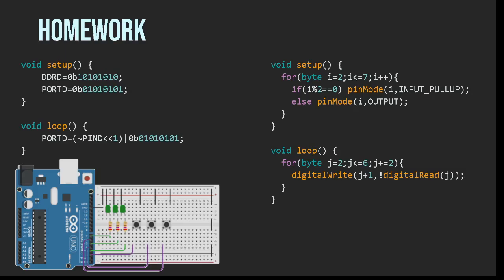Then I go there. Now i equals 4, 4 over 2, 2, remainder 0. Okay, pin 4 is an input. And then 5, output. 6, input. 7, output. So now I declare the pin modes for all the elements that I have there, right? And that's just a more compact way. And it's useful for me because I can explain both the for and the modulo operation, right? And any questions about that?